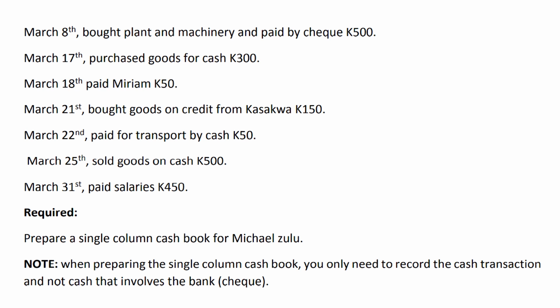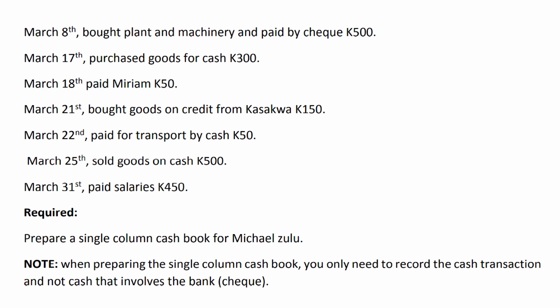Then on the 22nd of March, paid for transport by cash amounting to 50 kwacha. Then on the 25th of March, sold goods for cash amounting to 500 kwacha. Then on the 31st of March, paid salaries amounting to 450 kwacha.